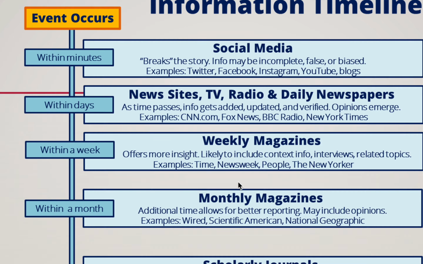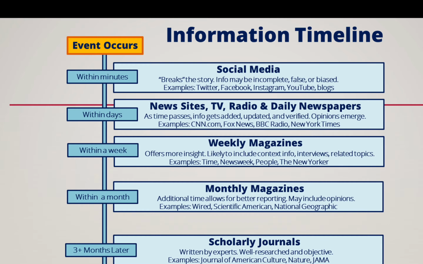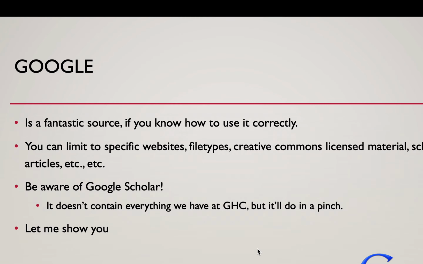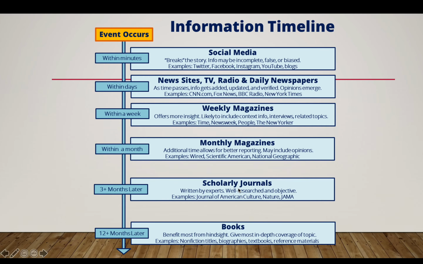And then these three right here are starting to get kind of squished in together as time changes and we start to become a more rapidly information producing society. So I would actually loop all three of these into can be credible, might not be, needs a little bit more research, needs to be verified by these scholarly journals and the books.